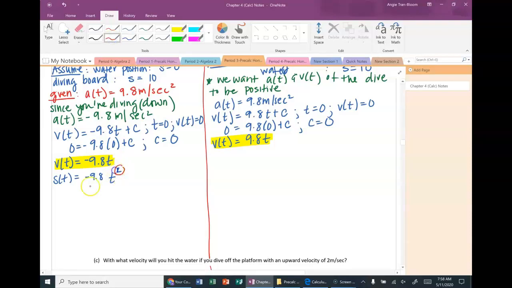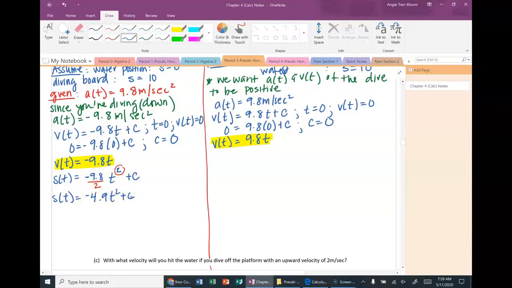Because this is a 2, we're going to divide it by 2 or multiply by a half. And don't forget to give us a c. And then we are going to simplify. This is negative 9.8 divided by 2, so that's negative 4.9 t squared plus c.